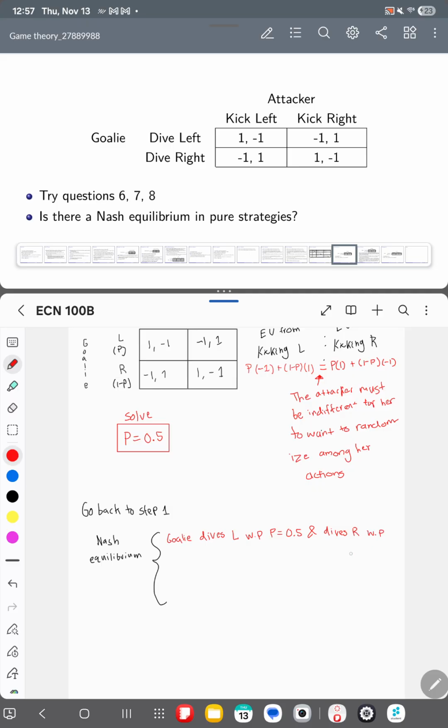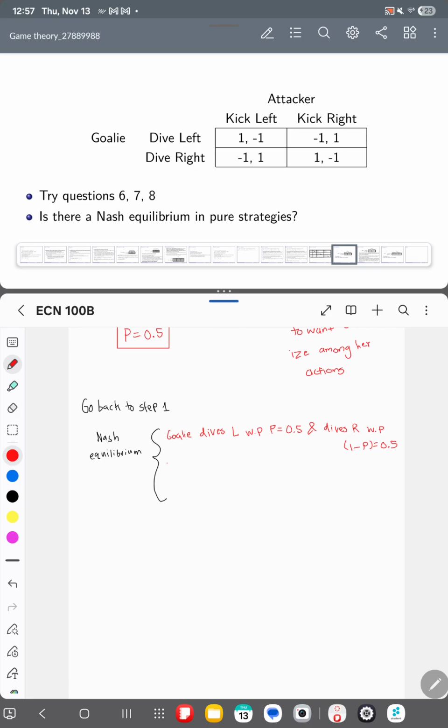And the attacker kicks instead of dives. The attacker kicks left with probability Q as the placeholder. And on the previous slide, we solved for Q, and Q is equal to 0.5. So we can write down that the attacker kicks left with probability Q equal to 0.5 and kicks right with probability 1 minus Q, which is also 0.5.